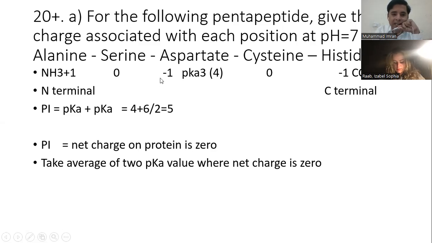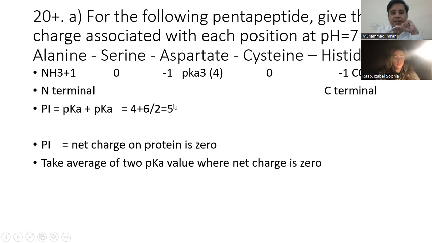To remove that negative charge, we add an acid. And what is the isoelectric point of a protein? The pH at which the protein does not have any net charge is known as the isoelectric point of that protein. So if we add acid to that protein, then the isoelectric point is around 5.